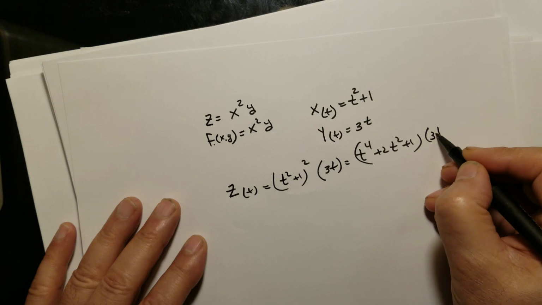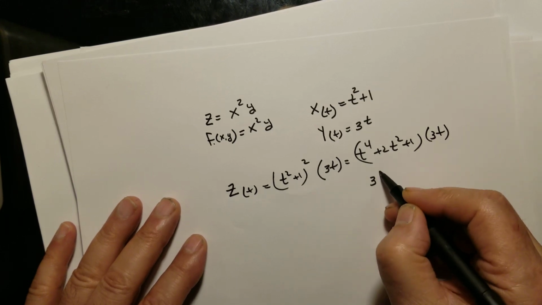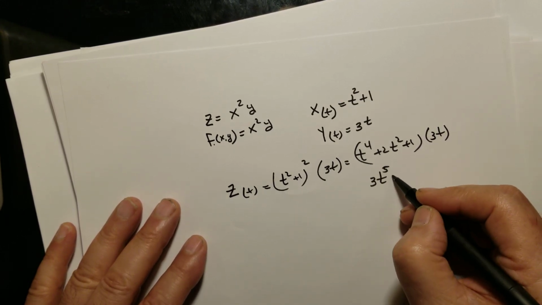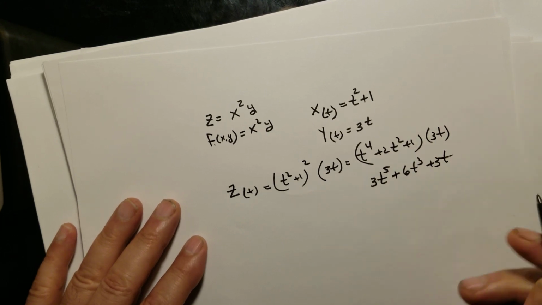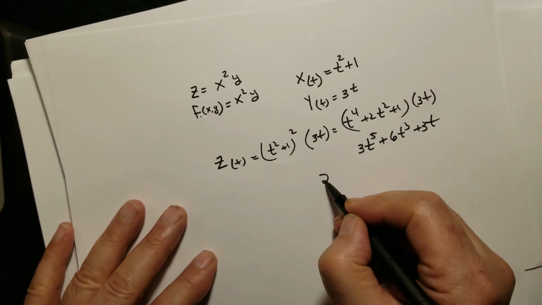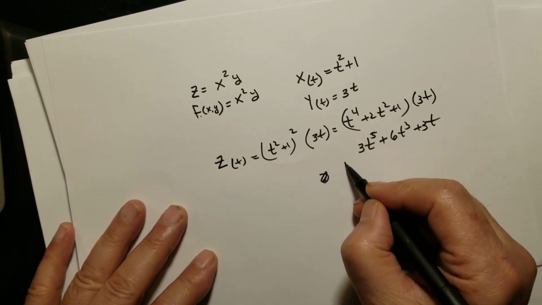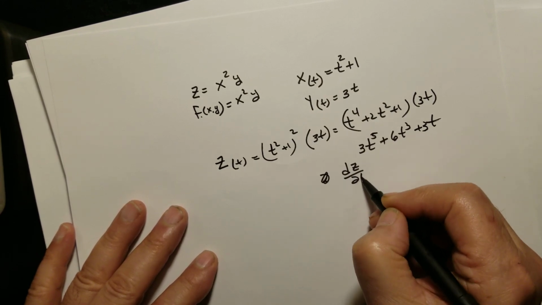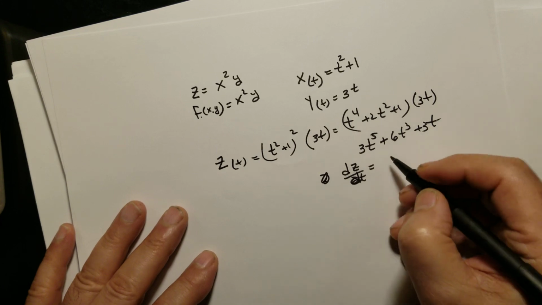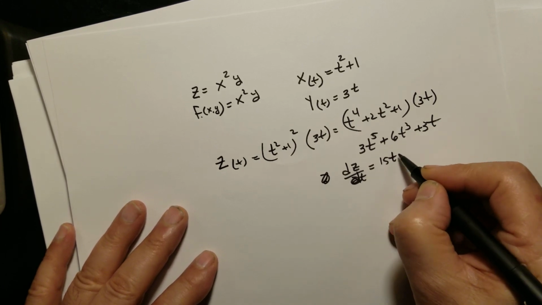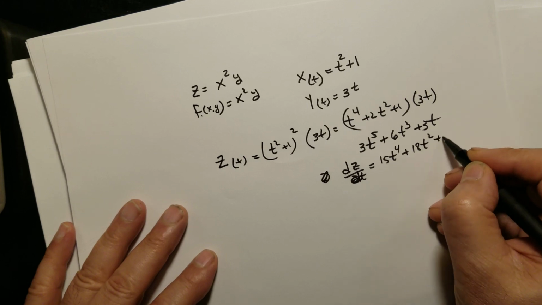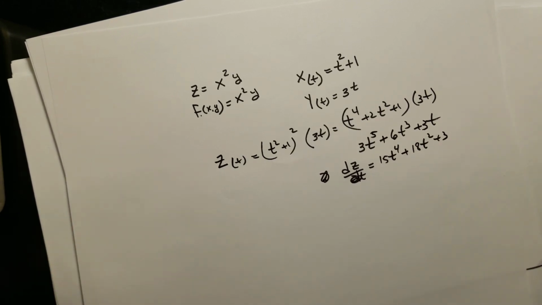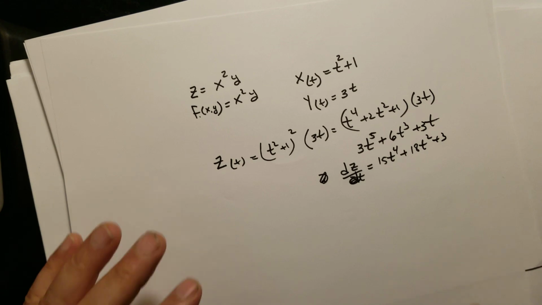That becomes 3t to the power of 5 plus 6t cubed plus 3t. Then, that's a single variable, so taking the derivative of z with respect to t is ordinary: it becomes 15t to the power of 4 plus 18t squared plus 3. Perfectly fine. There's nothing wrong with that.